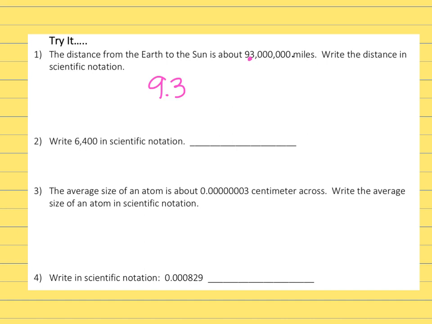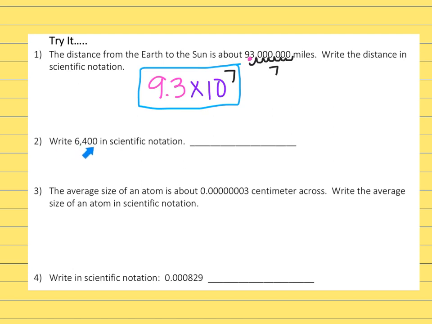So if I go back 1, 2, 3, 4, 5, 6, 7, 7 jumps. So my exponent is going to be 7. It's always written as a power of 10, so I have times 10 to the 7th power. And this was a very large number, so my exponent is going to stay positive. My final answer for that would be 9.3 times 10 to the power of 7.